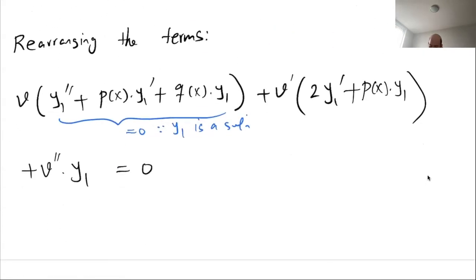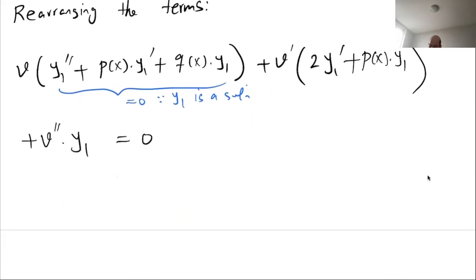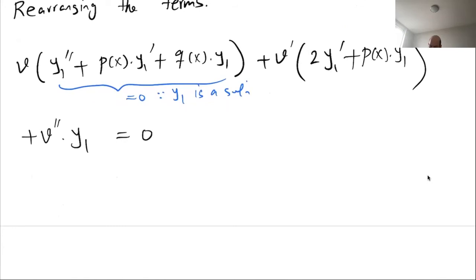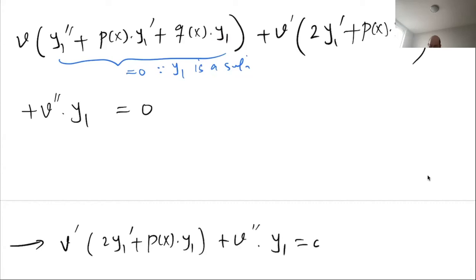So this will be 0. And then we have v prime times this term, and v double prime times this term equals 0. So I can write it as v prime times 2y1 prime plus p of x times y1, plus v double prime times y1 equals 0.